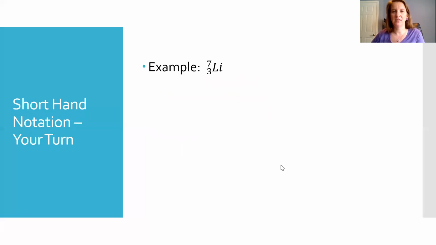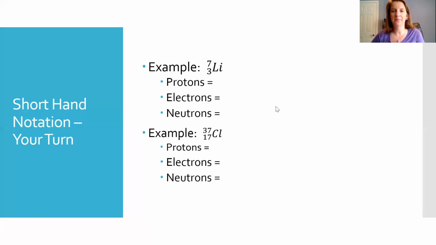In this example, we've got 7 3 Li. Li is for lithium. Again, the atomic number on the bottom is telling us our protons, so that's going to be 3. The electrons in a neutral atom are going to be the same as our protons, so that's 3 as well. And then our neutrons are going to be mass number on top minus the atomic number on the bottom, 4.